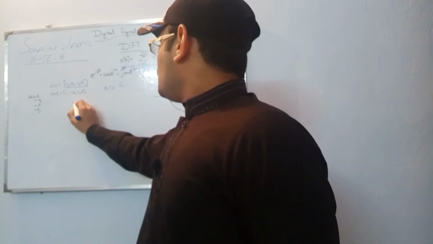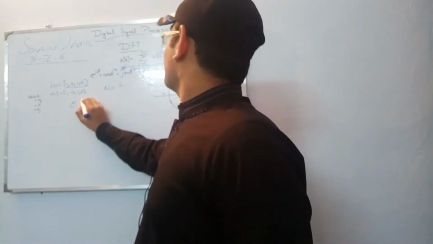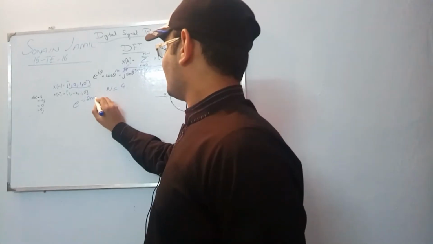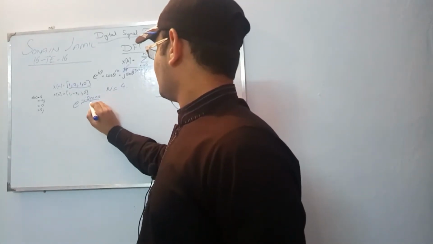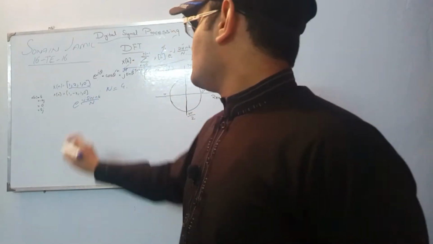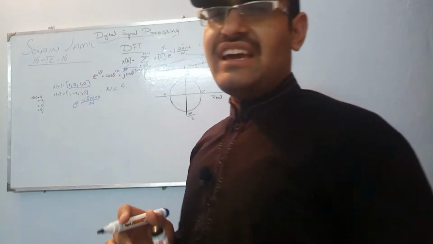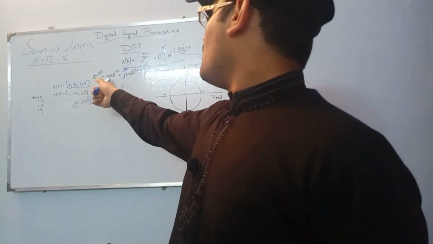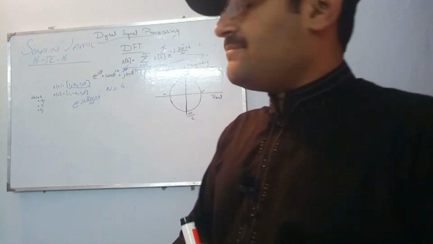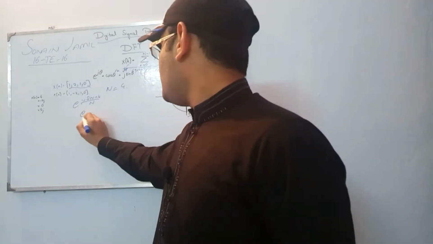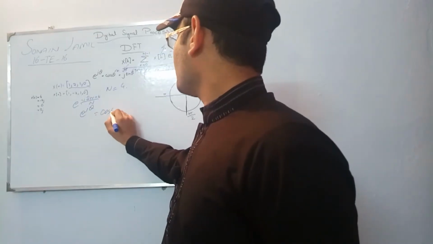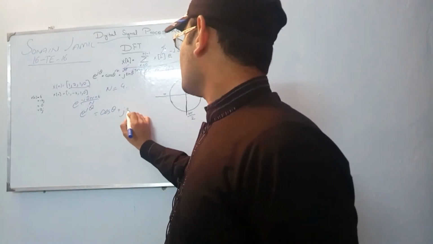If we want to see how this exponential behaves, we have the Euler identity, which tells us that e power j theta is equal to cos theta plus j sin theta.